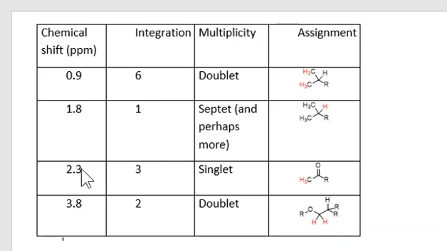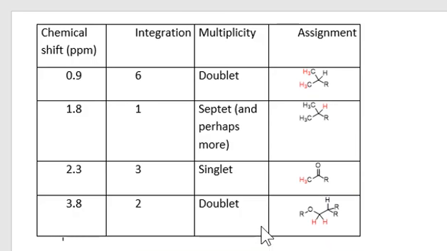And so this is deshielded because of this carbonyl. So we have an integration of 3. That's the 3 hydrogens bonded to this carbon. It's a singlet because there's no hydrogens next door. And from the chemical shift, we can see that this methyl group must be next to a carbonyl, pardon me.